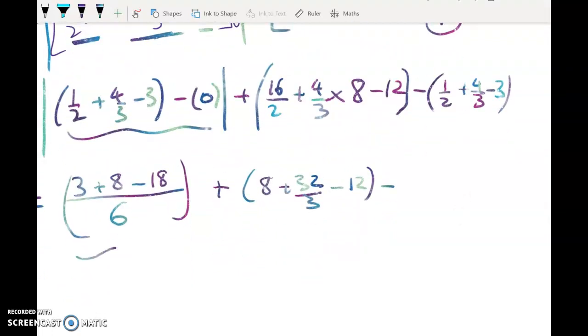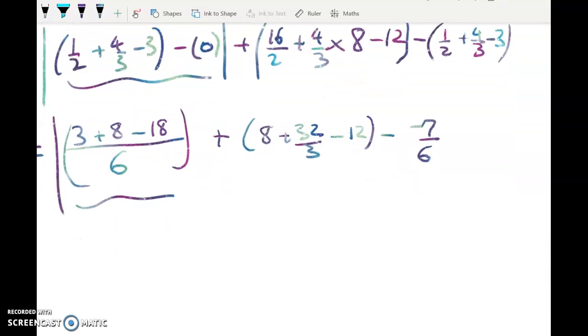Let's have a look. So this is negative 7 over 6. So it's minus negative 7 over 6. But this has got to have the absolute value sign around it, because we want the area, not the integral. So the area is 7/6.